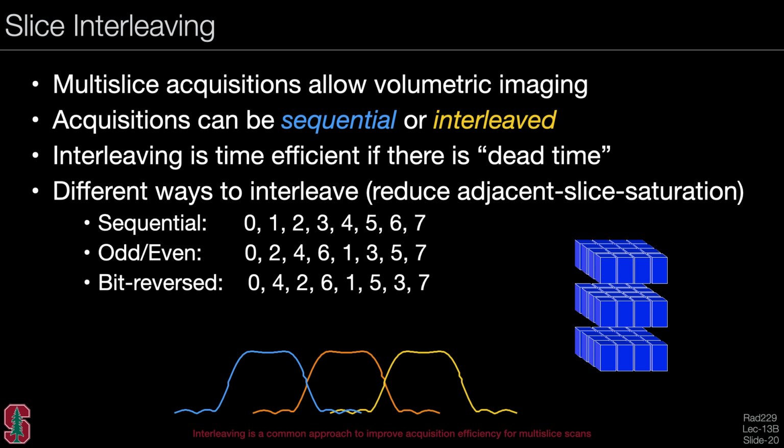So this could be reduced by using, say, the odd-even approach, where we simply acquire all of the even slices and then all of the odd slices, which gives us a minimum of at least half a TR of recovery time between adjacent slices. We can also use more sophisticated schemes like this bit reversed order here, which maximizes the distance between slices that are acquired next to each other in time. And there are other schemes to do this as well, of course.